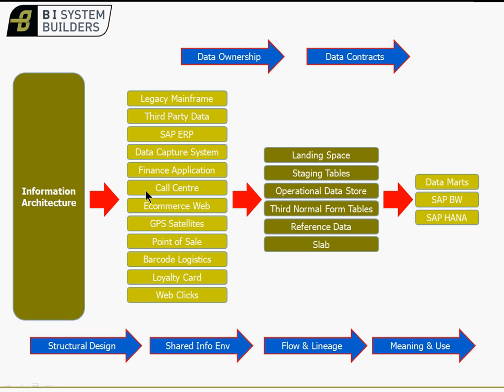So if your solution architecture has its genesis over here, it will then need to flow and lineage through to, maybe you have a landing space, maybe you're going to build staging tables, maybe you have a requirement for an operational data store as defined by Bill Inmon, maybe you have a series of third normal form tables, one truth in one place, because data is duplicated and replicated in your sources.